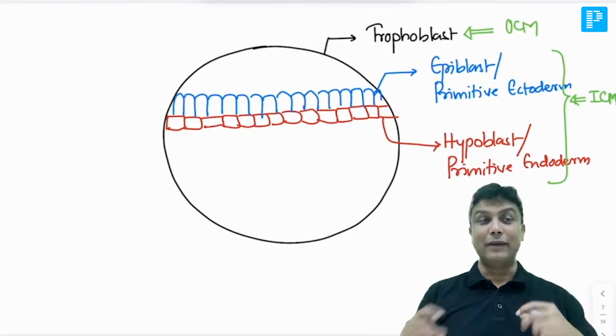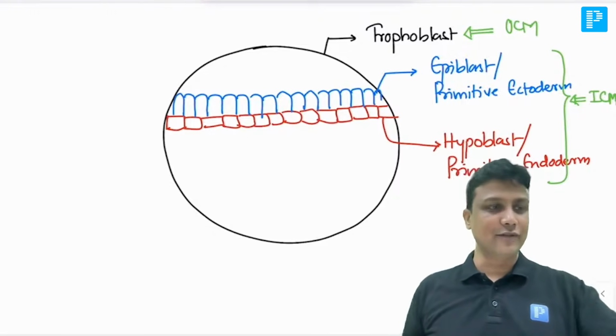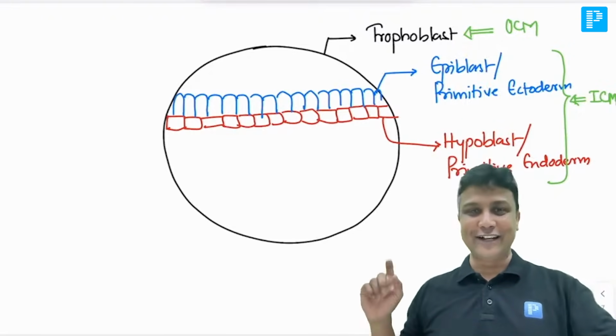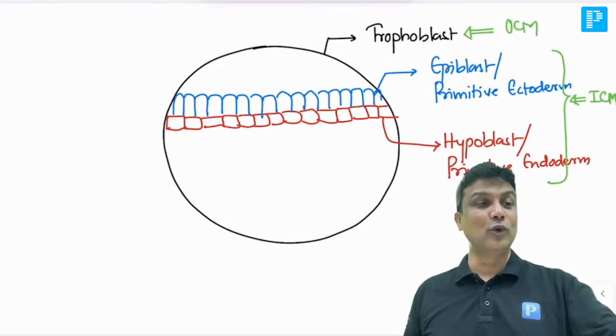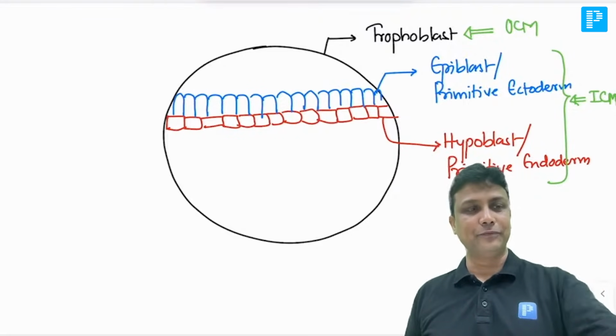There is a formation of bilaminar germ disc. Bilaminar germ disc will be formed here. And you can very clearly see in my diagram here right now. Yes, there is a formation of two lamina. There is epiblast and hypoblast. दोनों भी form होता है sir. Bilaminar germ disc will be forming here, guys. Clear?